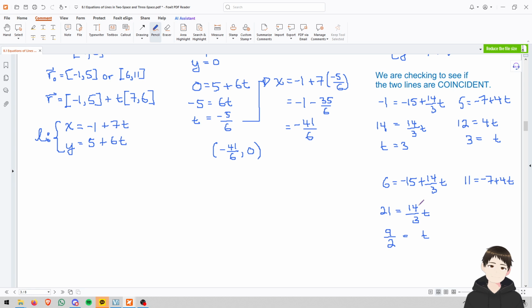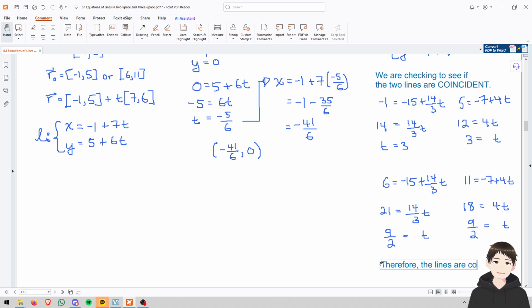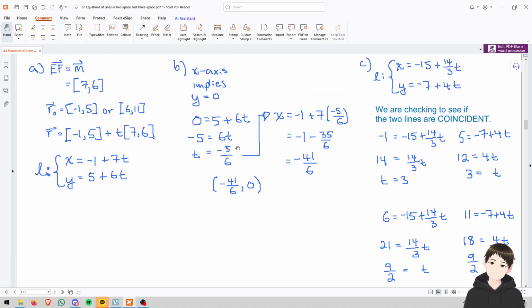Same here: add both sides by 7, which gives me 18 equals 4t. t is equal to 18 over 4, which is 9 over 2. Okay, they both check out. Therefore, the lines are coincident. We're going to move on.